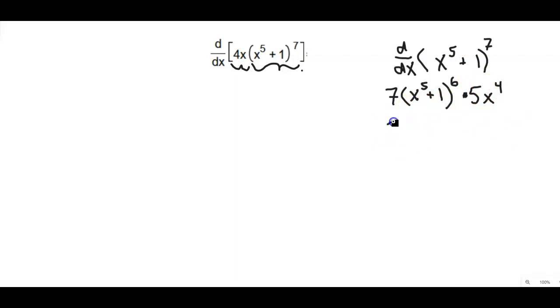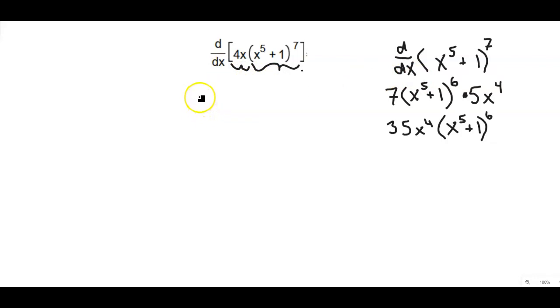This is going to be 35x to the fourth, combining the 7 and the 5x to the fourth, times x to the fifth plus 1 raised to the sixth power here. I did that part off to the side so I can use it when I'm applying my product rule. So let's go ahead and do the product rule.